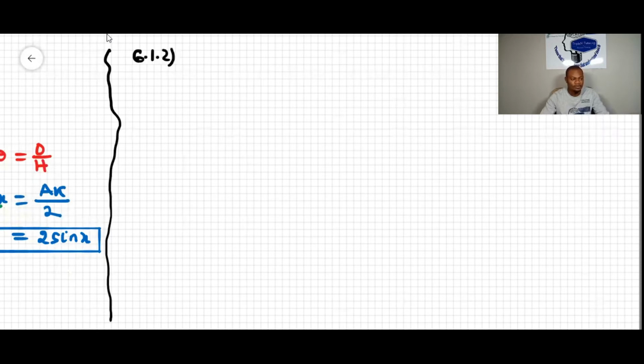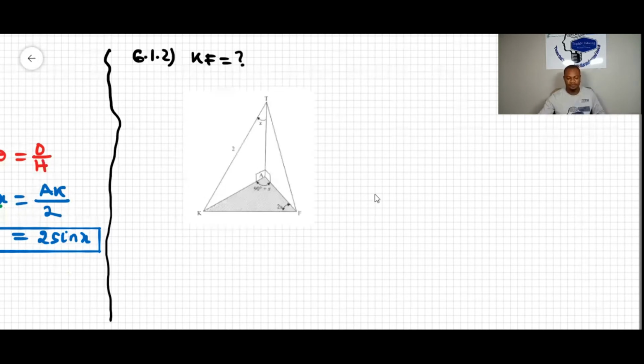We are looking for the numerical value of KF. Now, let me paste the graph there again. KF is over here.